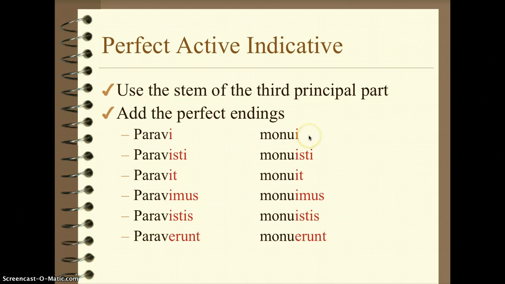Now, we have to talk about how to translate these. The perfect always has have or has as its translation. So let's translate all these. Paro, parare, paravi, paratus means to prepare. So I have prepared, you have prepared, he, she, it has prepared, we have prepared, y'all have prepared, they have prepared.